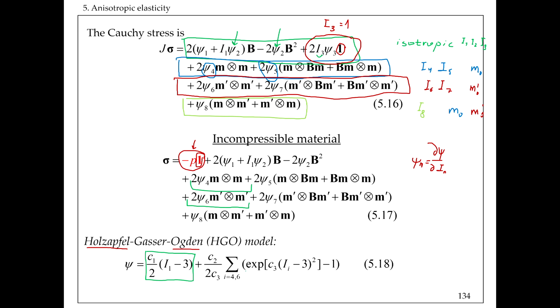Nevertheless, they also introduced an exponent here. Again, you can introduce any functions that you like, that you think will fit your experimental data better, as long as you're consistent with all the assumptions and all the constraints that we put on the energy function, such as certain invariance.